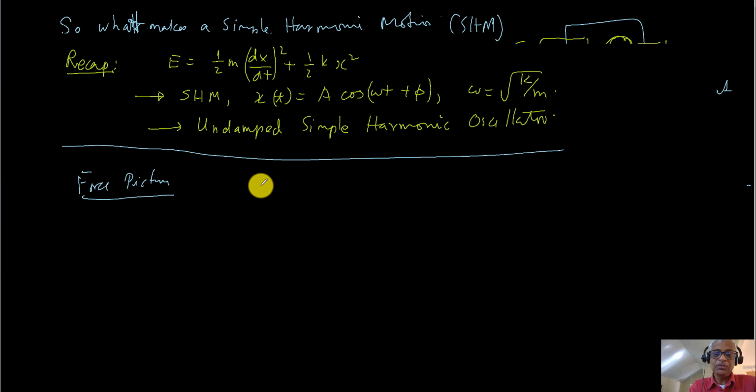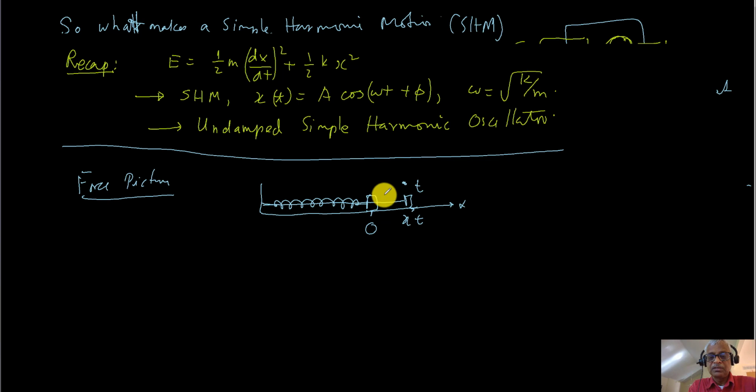So in the force picture, we look at a spring force instead. So from here, at some time t, it's over here, and this is x equal to 0, this is x, and this is x of t. At this point the spring is stretched, which means the spring force is this way.